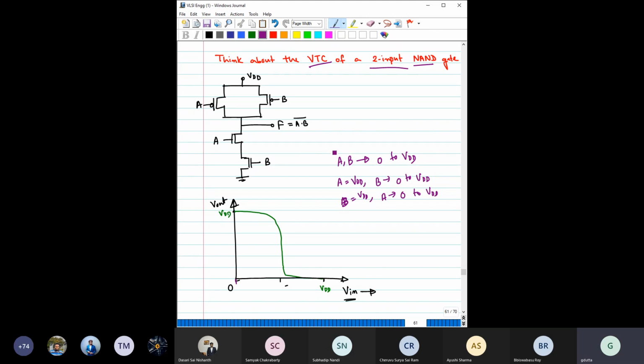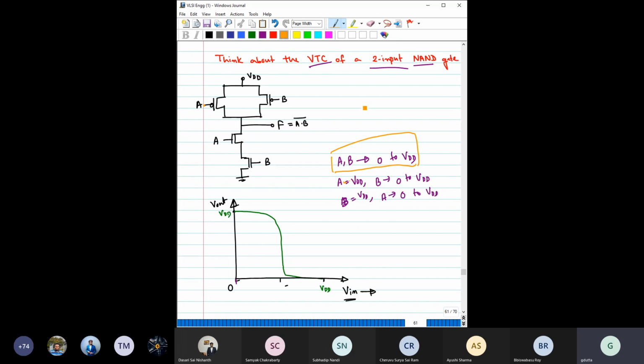Okay, so let us take the very simple case, when A and B both are changing simultaneously from 0 to VDD. So that means you have basically shorted A and B, and they are changing together, because if you have to plot the VTC, then you have to change this input voltage from 0 to 1, where 1 means VDD, the maximum supply voltage.